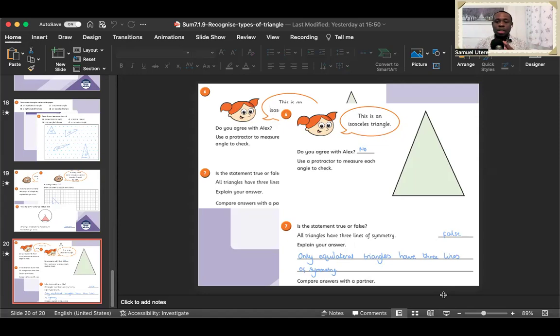You also learned that we have the scalene triangle, where all the sides are not equal. And you have the right angled triangle, where there is a 90-degree angle. You can have scalene right angled triangles, and you can have isosceles right angled triangles.